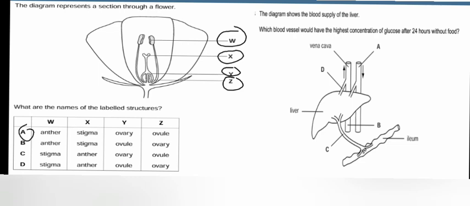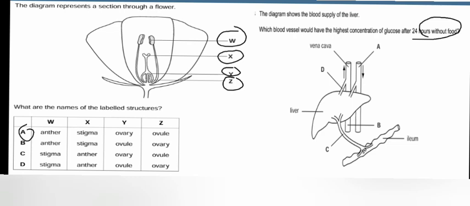Then the next question. The diagram shows the blood supply of the liver. Which blood vessel would have the highest concentration of glucose after 24 hours without food? Without what? Food. So we can imagine that the person is starving.